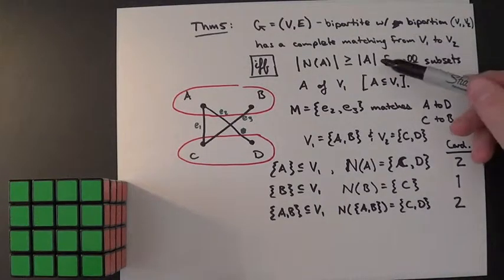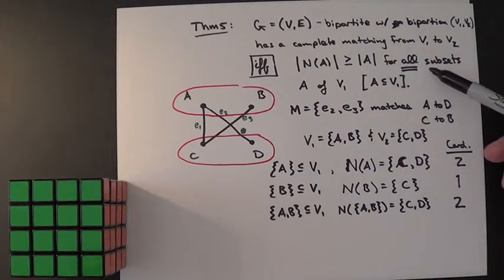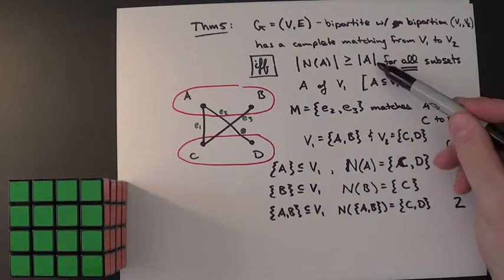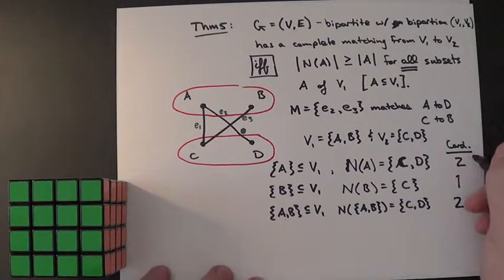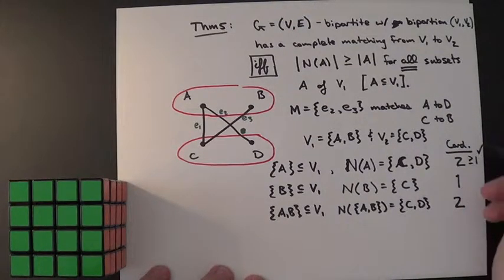Now, we could verify that this is in fact the case for all subsets of V1. Cardinality of the neighbors of A is 2, and the cardinality of that set is 1. So 2 is greater than or equal to 1. Works there. Here we have cardinality 1.